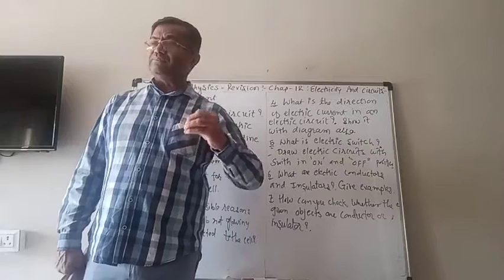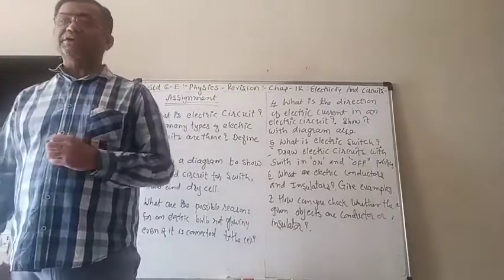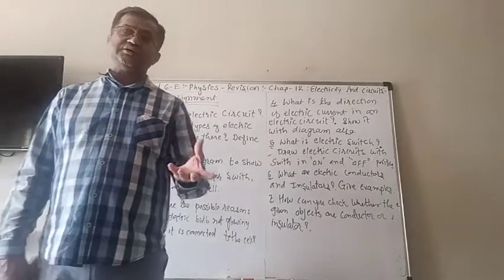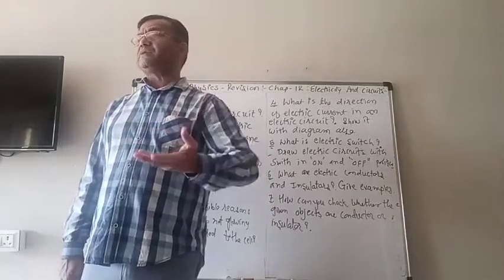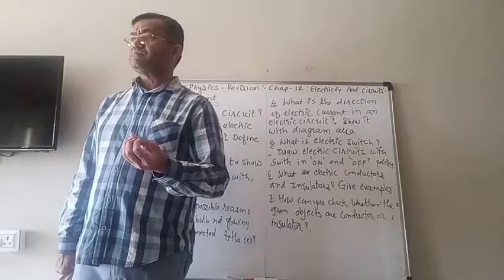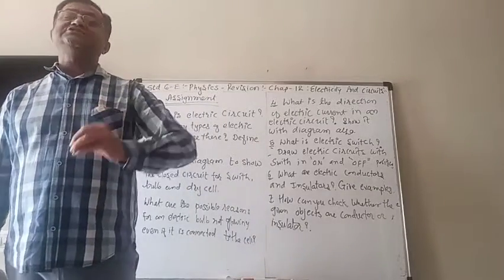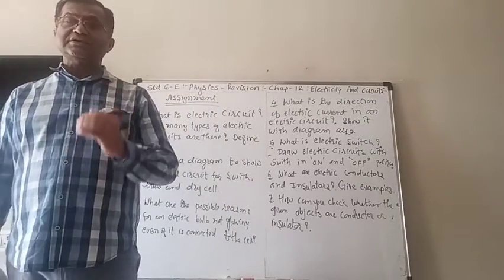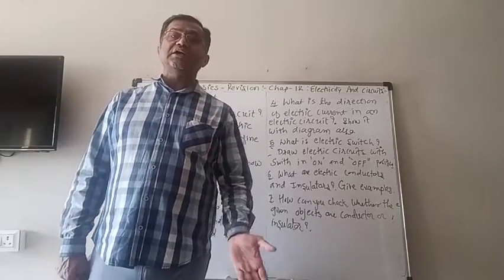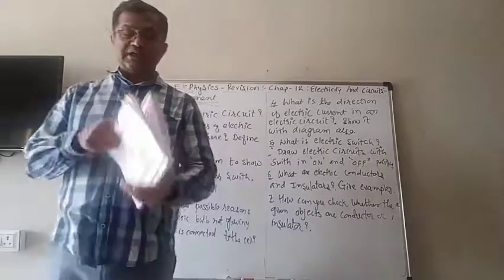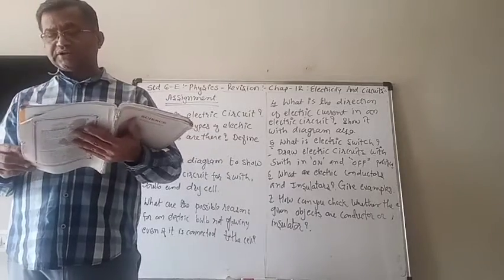Plastic, wood, air and other materials like rubber are all insulators because the current cannot pass through them. They don't allow the current to pass through them. So they are known as insulators.